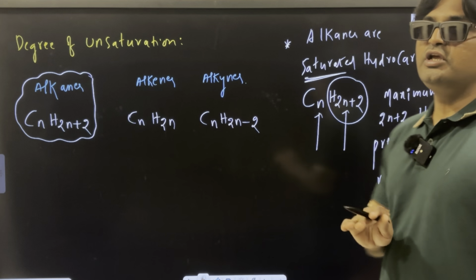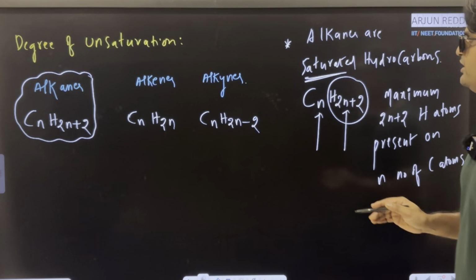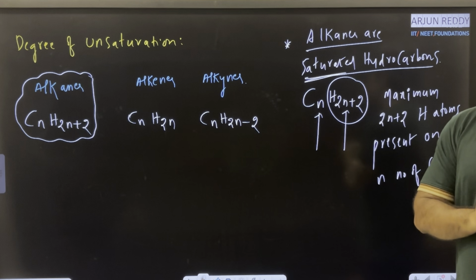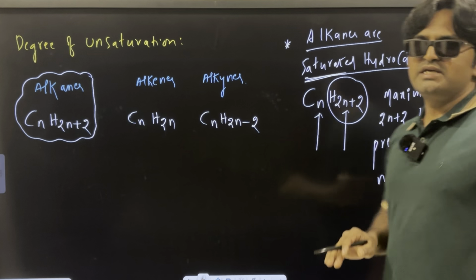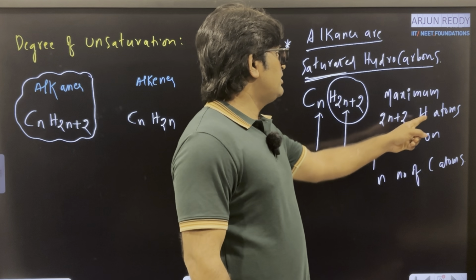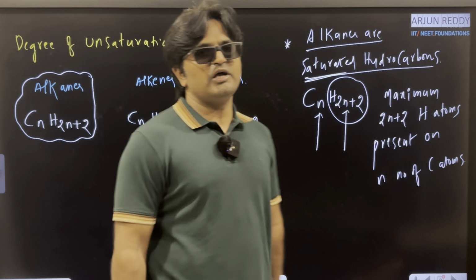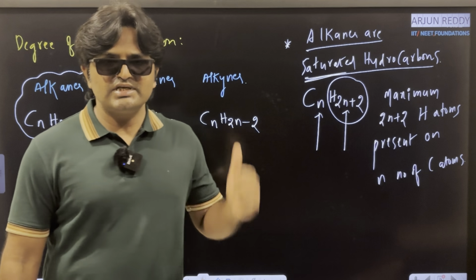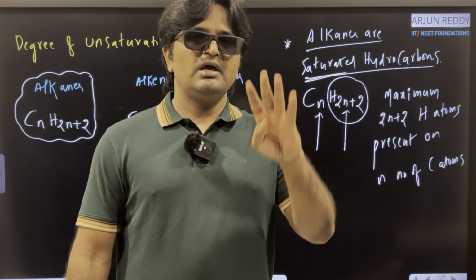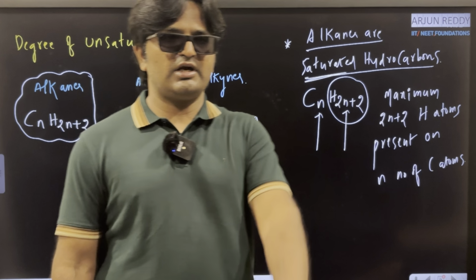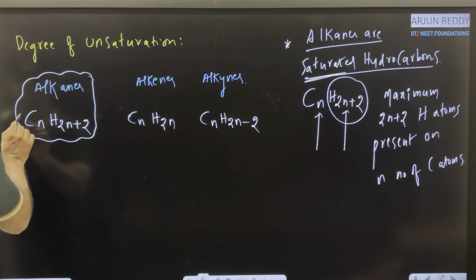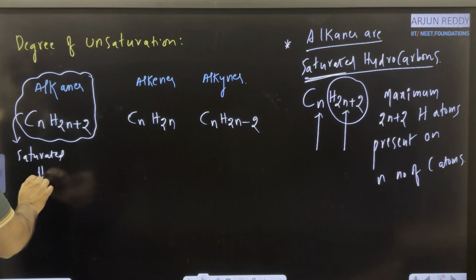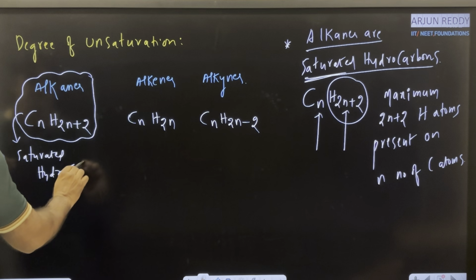That is the meaning of a saturated compound. Once again, alkanes are saturated hydrocarbons. What is the meaning? Maximum 2n plus 2 hydrogen atoms present on n carbon atoms. More than that we cannot arrange, because carbon valence is 4, and according to the general formula, the maximum we can arrange is 2n plus 2 hydrogen atoms on the carbon atoms. This is the saturated hydrocarbon.